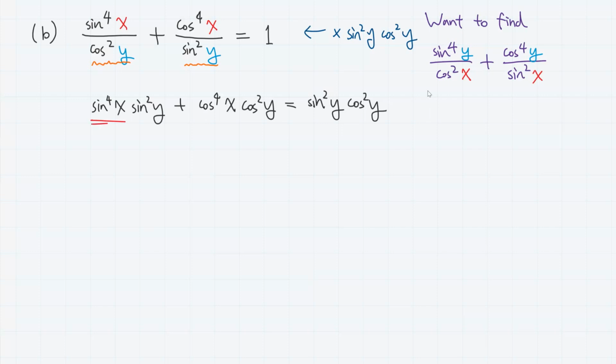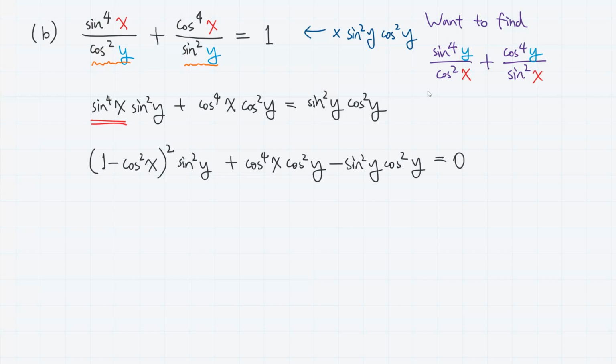And again, we change this sine to the power of 4x into 1 minus cosine squared x, squared. So this times sine squared y plus cosine to the power of 4x cosine squared y minus sine squared y cosine squared y equals 0.